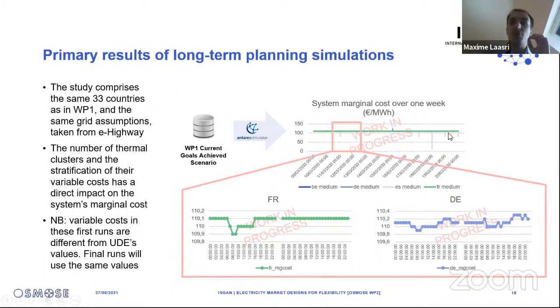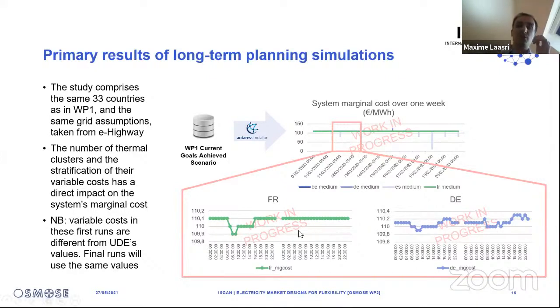So for example, here you have a week where the system marginal cost in France is around 110 euros per megawatt hour, which is basically the marginal cost of the gas units.